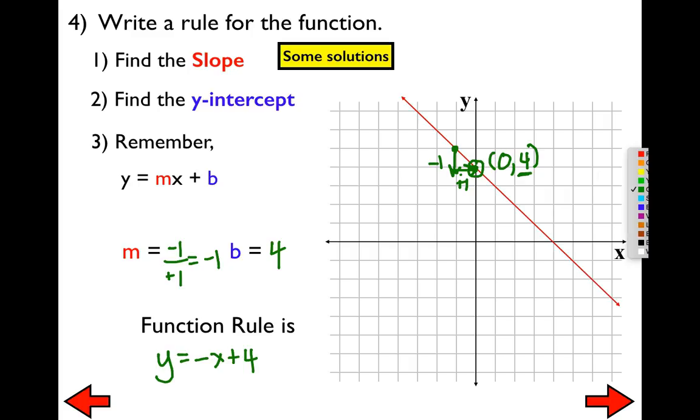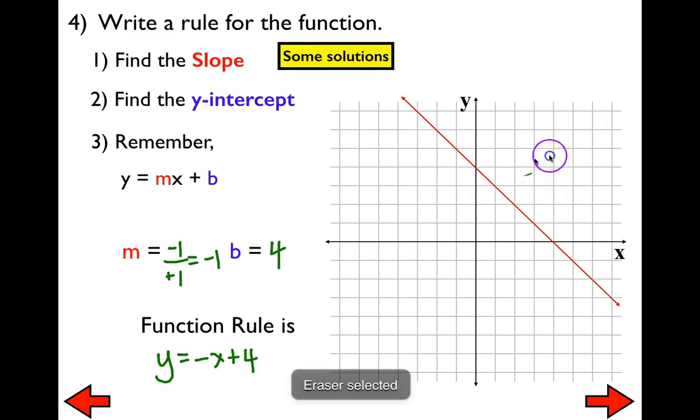So once more, I can go ahead and write down some of the ordered pairs. You're going to find some nice intersections. So all of these are some solutions to the graph. I won't list them all for you. I will just list a few, but understand all of these points are ordered pairs.